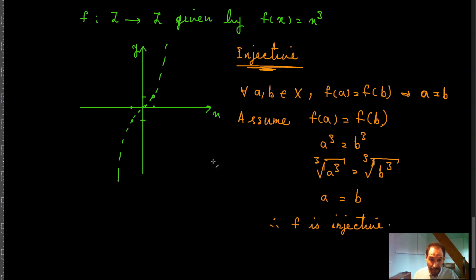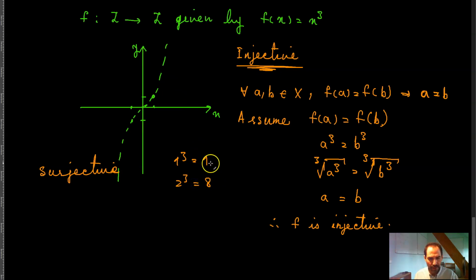And to decide whether f is surjective, you can argue that, for example, you can see that over here 1 cube is equal to 1. 2 cube is equal to 8.